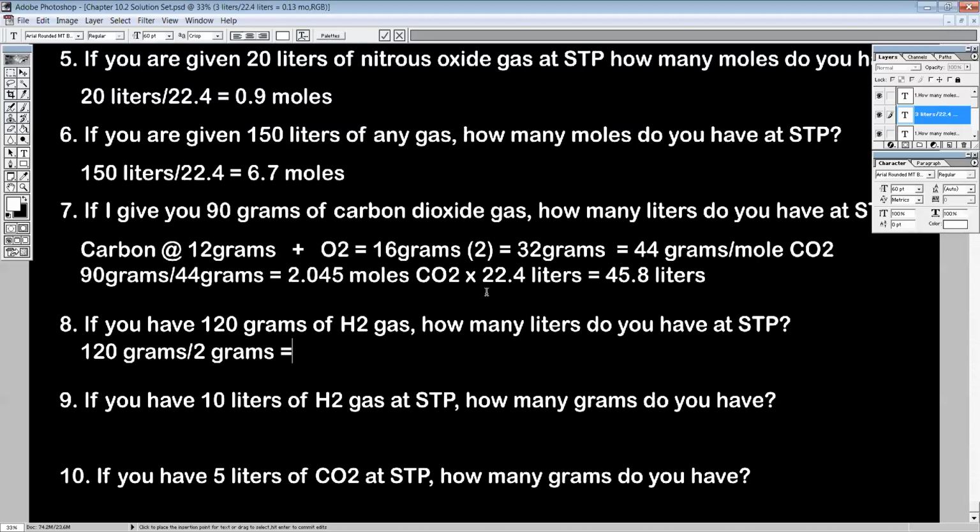So that's going to give us 60 moles of H2 gas. All right, and each mole occupies 22.4 liters. And so that's where our 1344 comes from. Gives us a total of 1,344 liters of hydrogen. A lot of hydrogen gas.